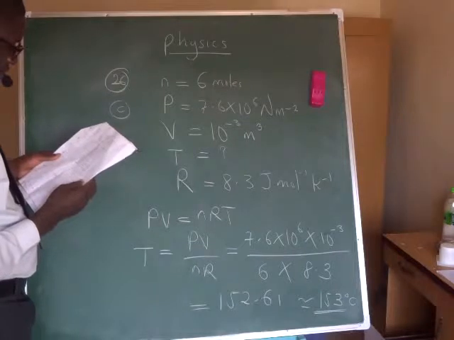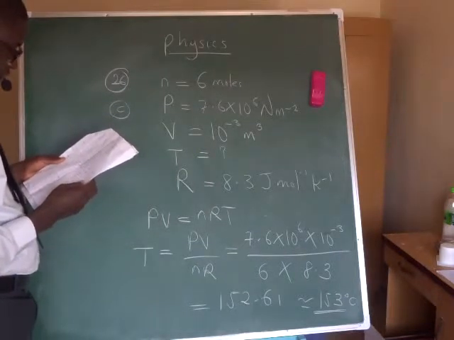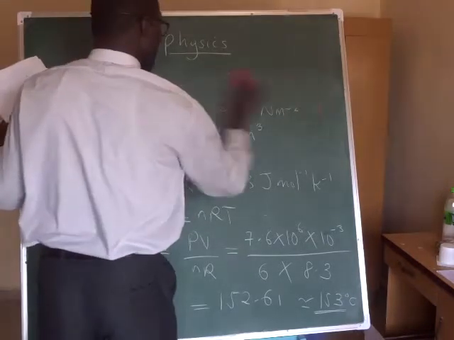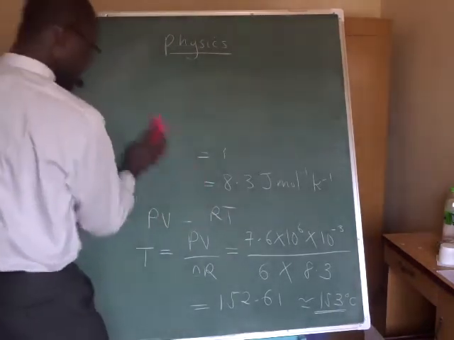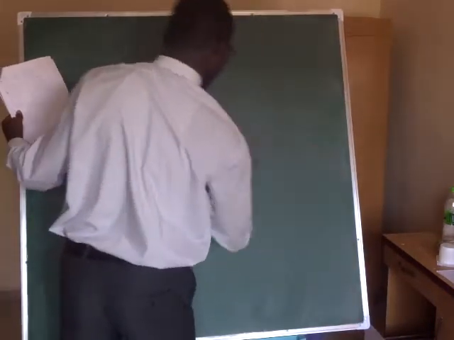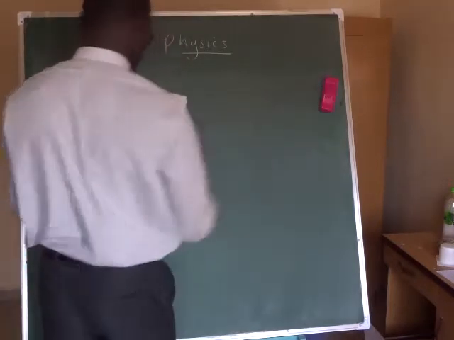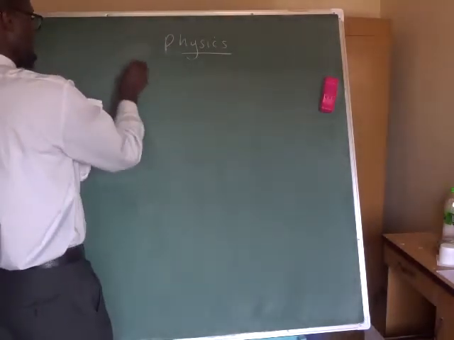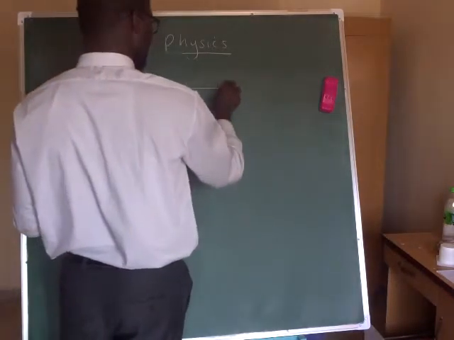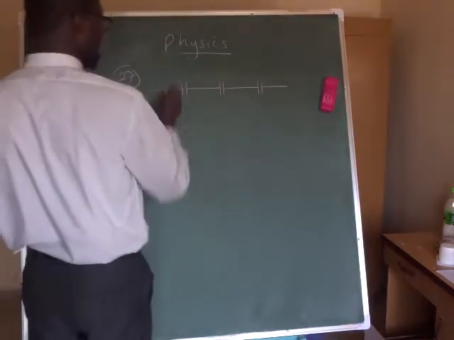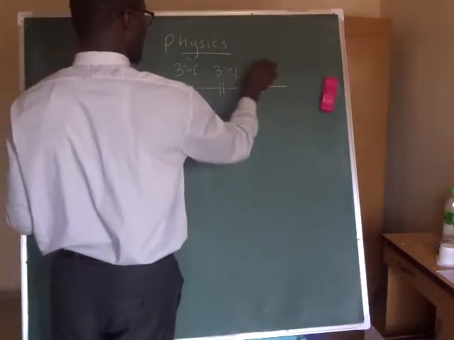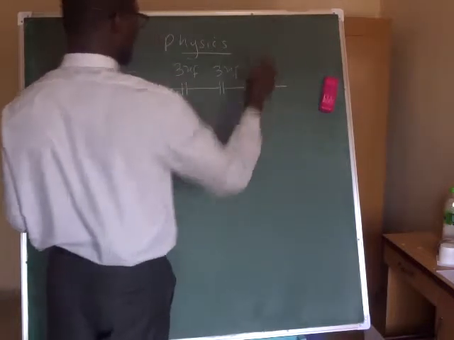Okay, question 27 now. 27 is also a calculation. A diagram is given that has 3 capacitors in series: 3 microfarads, 3 microfarads, 3 microfarads.